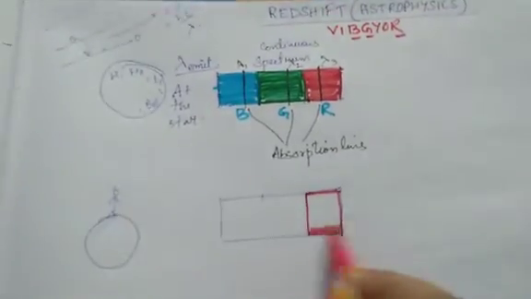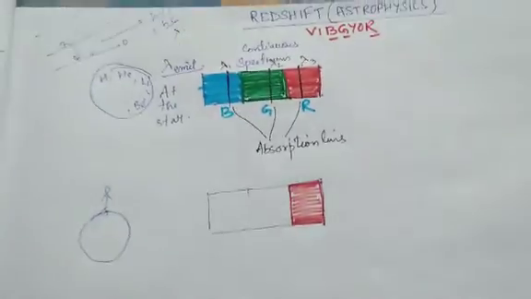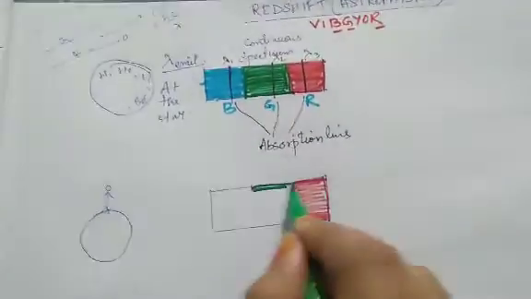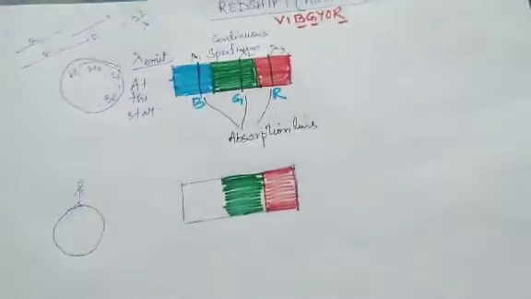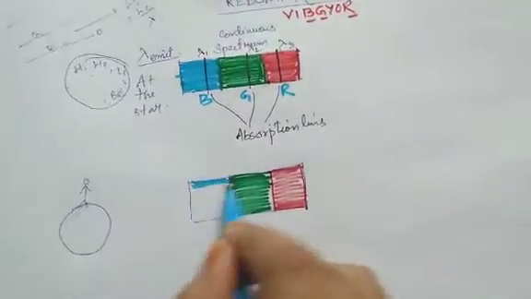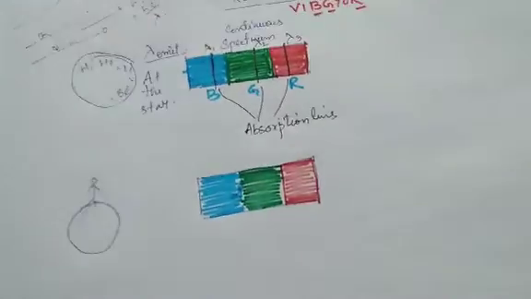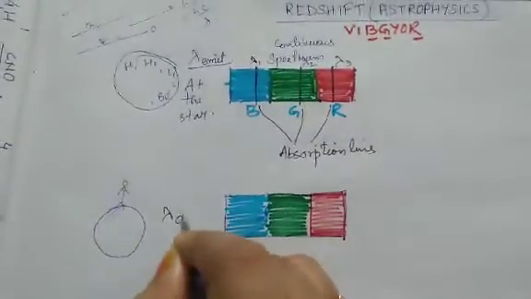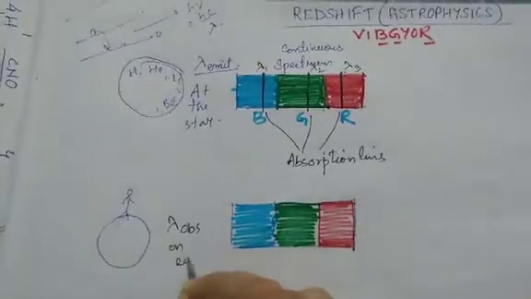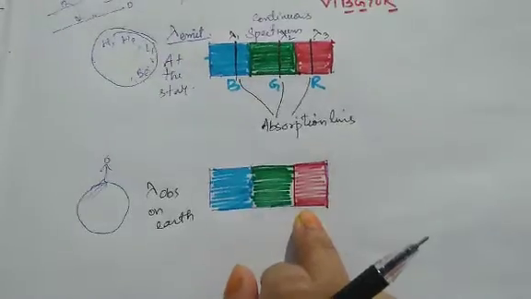So this is the red part, then we have the green part, and we have the blue part. Understood? So this is lambda observed on Earth. This same spectrum you are supposed to get.